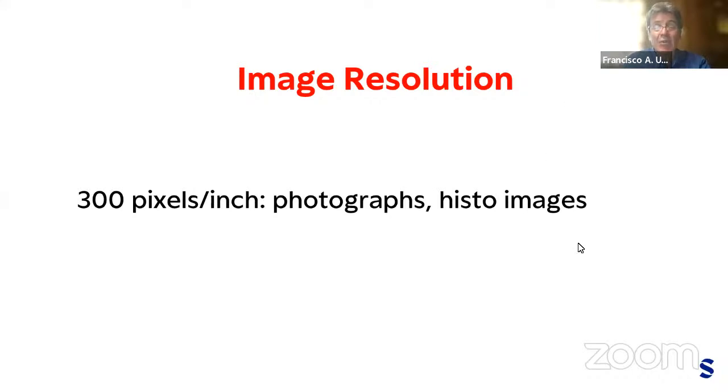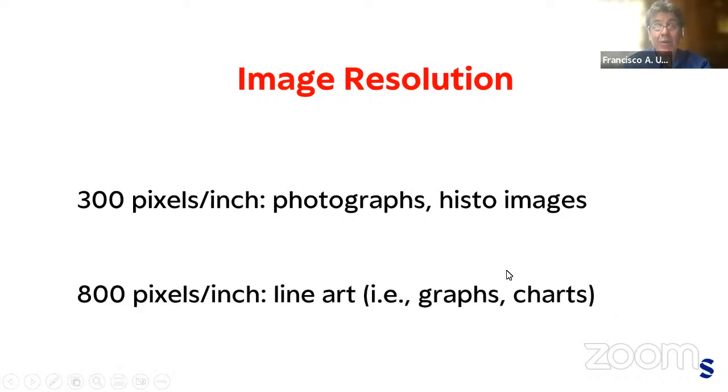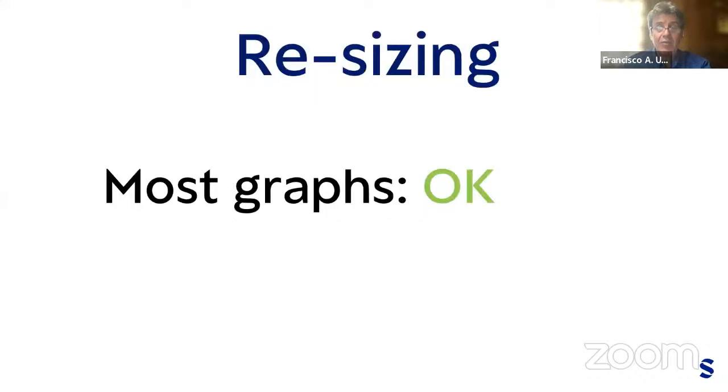I haven't seen any requirement for higher than this in any other journal, but I haven't seen anything below that. So usually 300. For line art, and Dr. Maxi will talk a little bit more about that, we require a little bit higher definition, 800 pixels per inch.